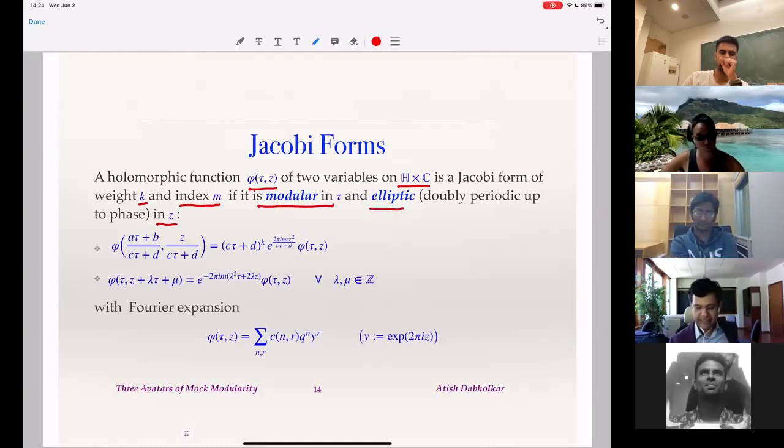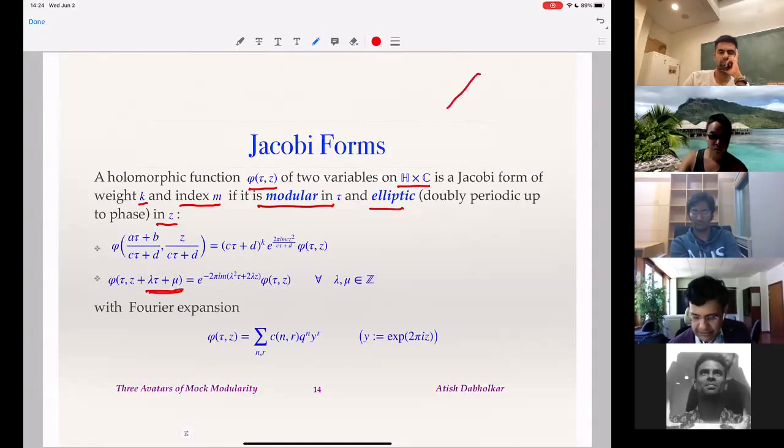Roughly speaking, it's again very symmetric under the modular group. Tau goes to (a tau plus b) over (c tau plus d), and z also transforms. Then, up to a factor and phase, it is invariant. And it is also doubly periodic, effectively up to a phase.